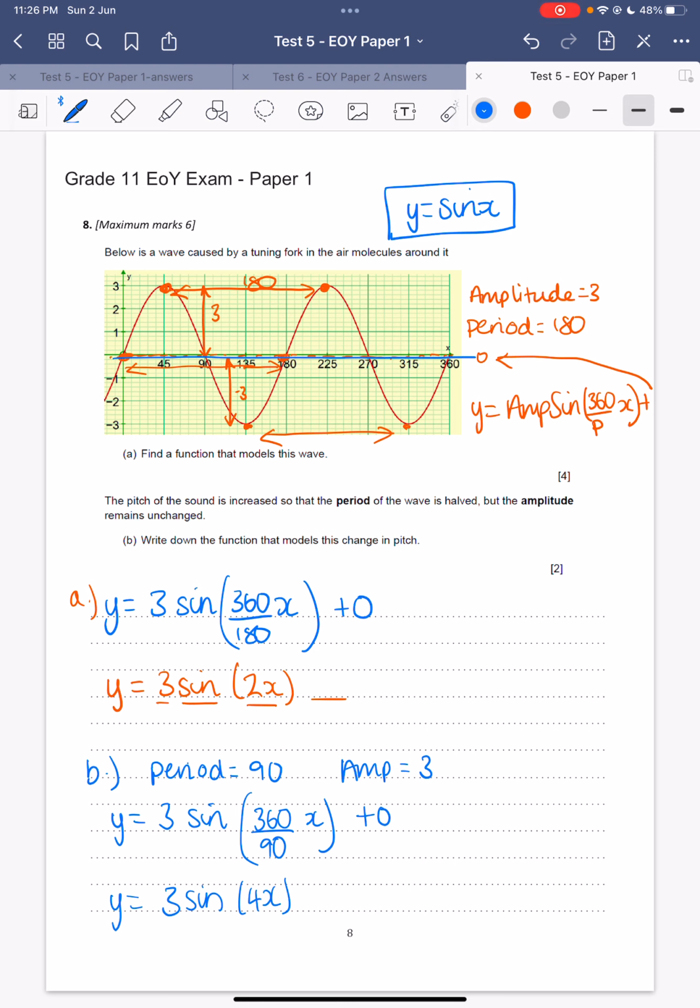The other way to do that is if it's going twice as fast, you know that this value here is going to be multiplied by 2. So instead of 2x in the bracket, you then have 4x. This one is worth 2 marks. There is 1 mark for the 3, and 1 mark for the 4x. So 1 for keeping the amplitude as 3, and 1 for knowing that the wavelength has changed it to be 4x inside the brackets.